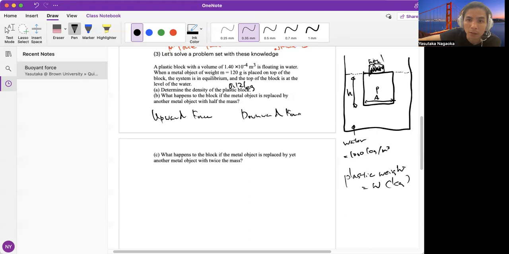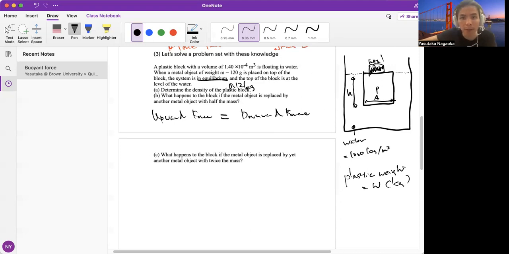And here, this word "in equilibrium" is an important term, since this means that the upward force and the downward force are equal. For the downward force, there are basically two forces. One is the gravity of this metal.